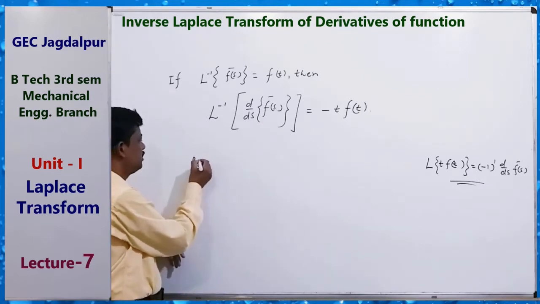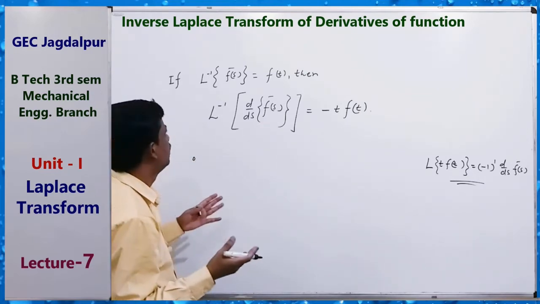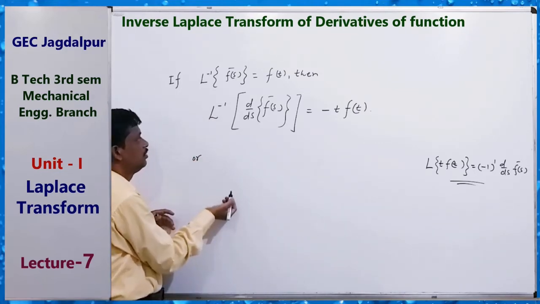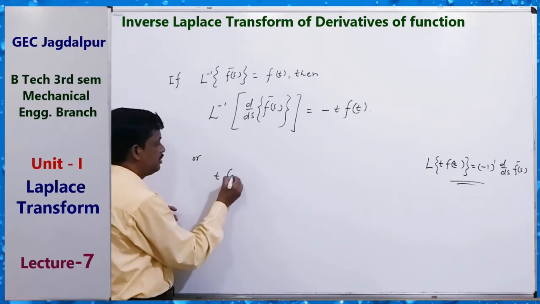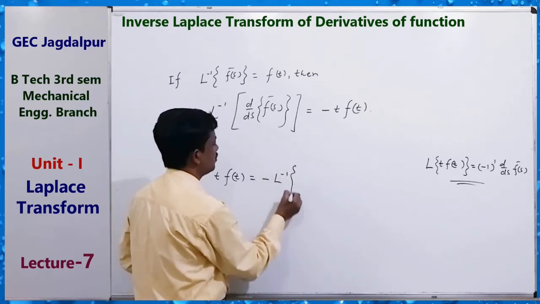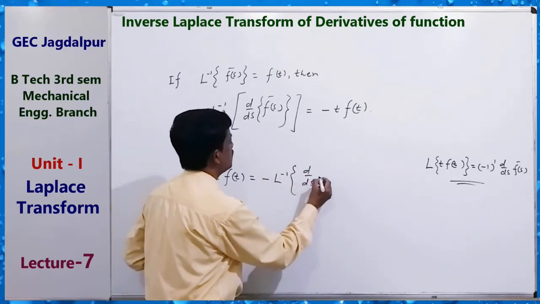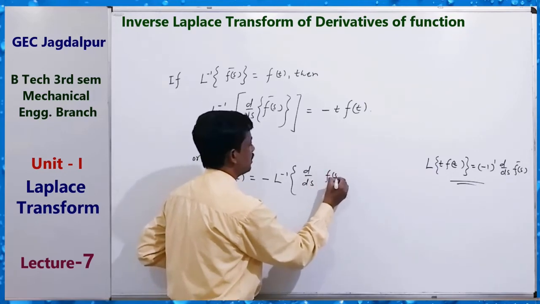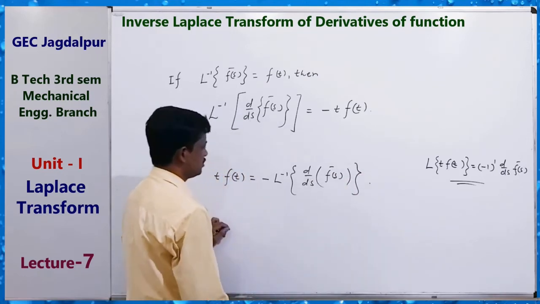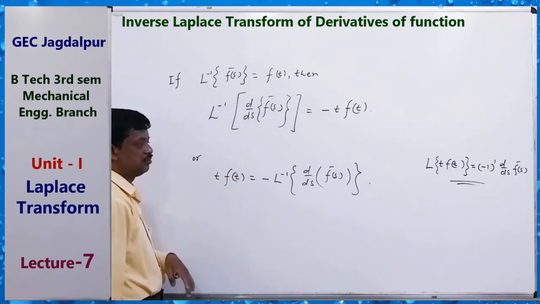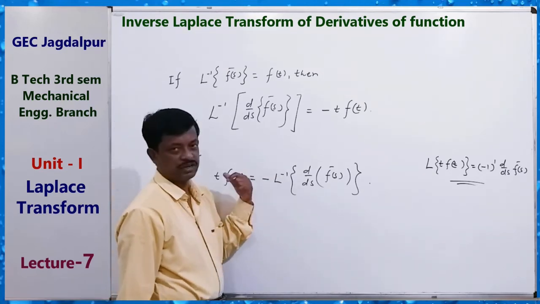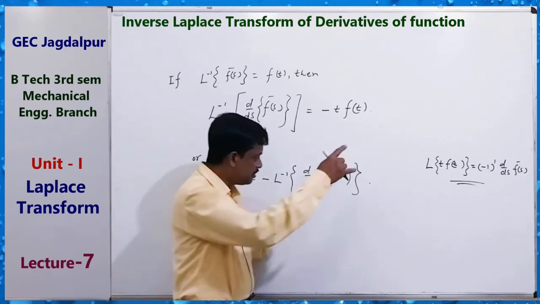Also, this formula can be written for finding f t here, or we can write t f t equals to minus of L inverse of d by ds f s bar. Okay, and we can proceed to finding the inverse Laplace transform by differentiating that function.